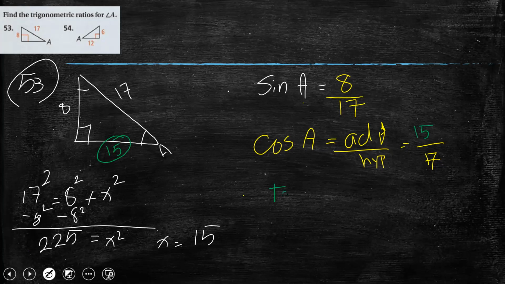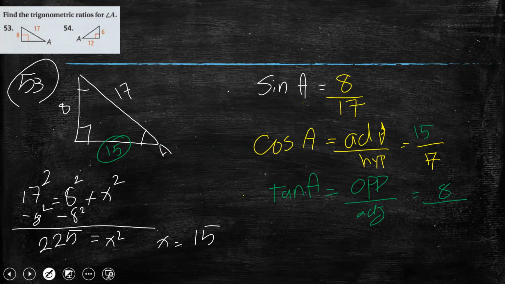Now how to find tan A? It is the opposite over adjacent. Where is the opposite here? It's 8. And where's the adjacent?